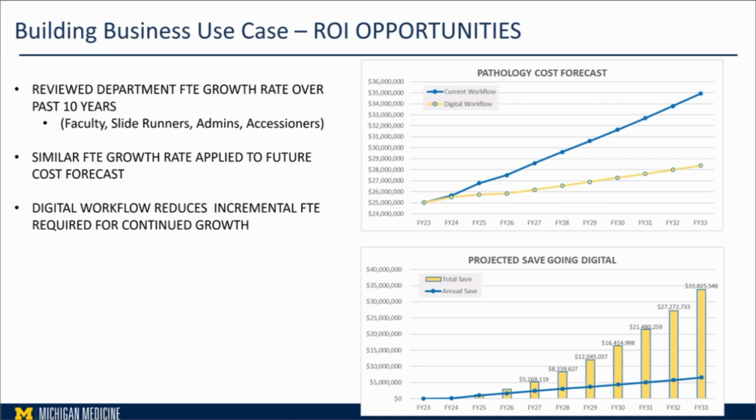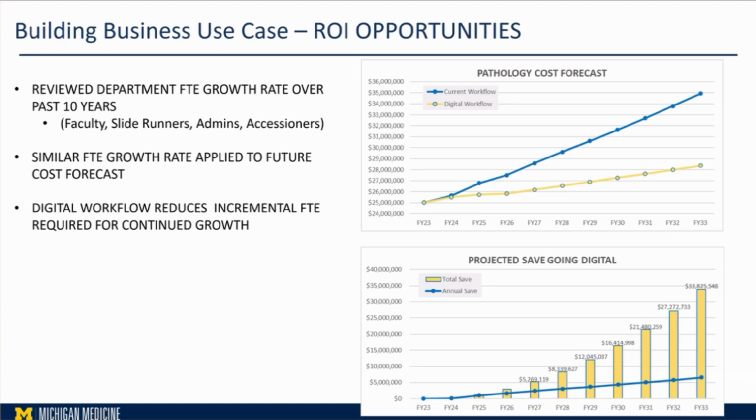This is just to show a projected saving goal for the business use case. So what are those return on investment opportunities? For example, we shared the growth for the next 10 years from faculty, slide runners, admin, and accessioner. We didn't even take into account the CPT codes, for example, because they didn't exist at that time.